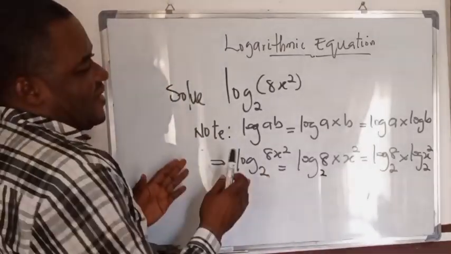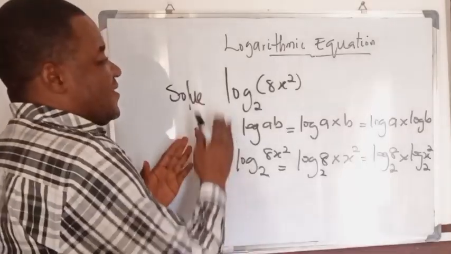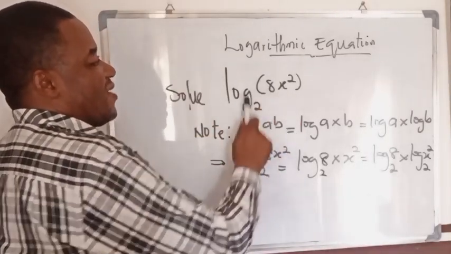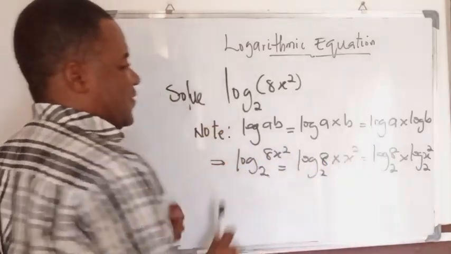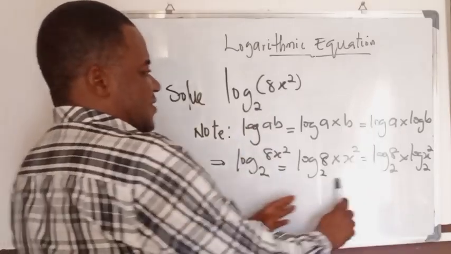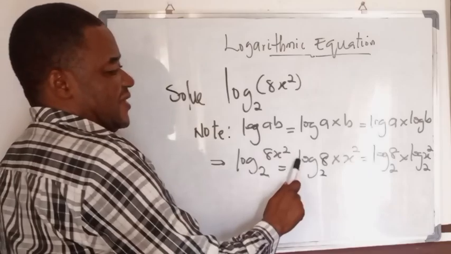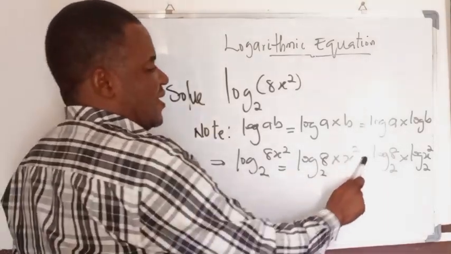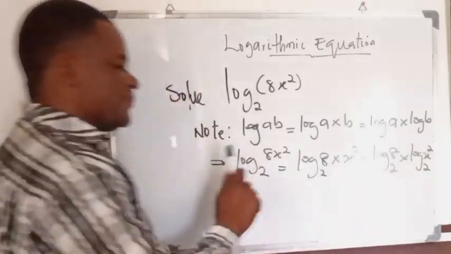This is the simple analogy in this kind of situation. So log 8x squared base 2 is the same thing as log 8 times x squared base 2, the same thing as log 8 base 2 times log x squared base 2.